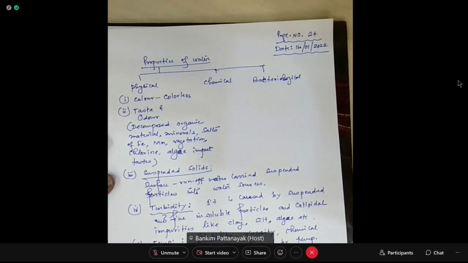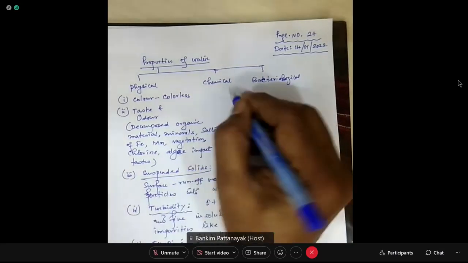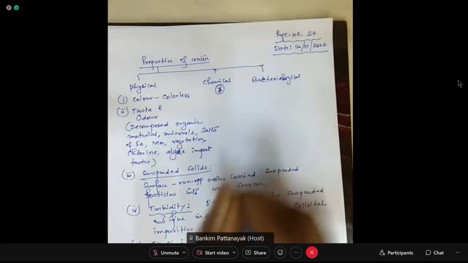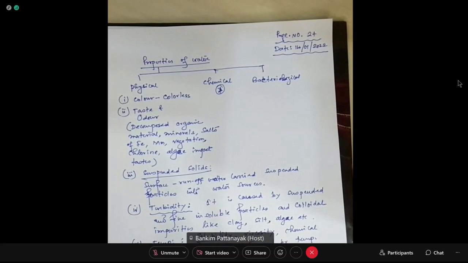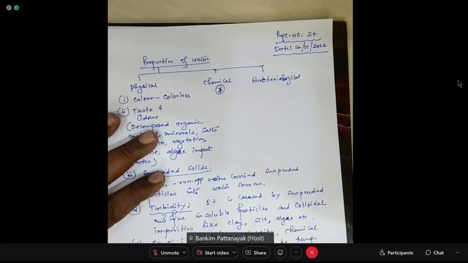Apart from that, there are some chemical properties. What are the chemical properties? Number one, acidity, or you may call it alkalinity, and pH.